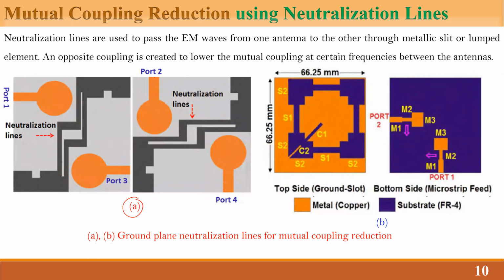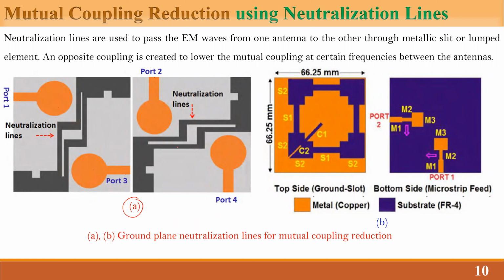Now, what is going on here? This is a 4-port antenna consisting of circular monopole antennas. That is the first thing. Of the ports, if you consider port 1 and port 3, these two are mounted on the upper side of the substrate, and the others are on the lower side of the substrate.